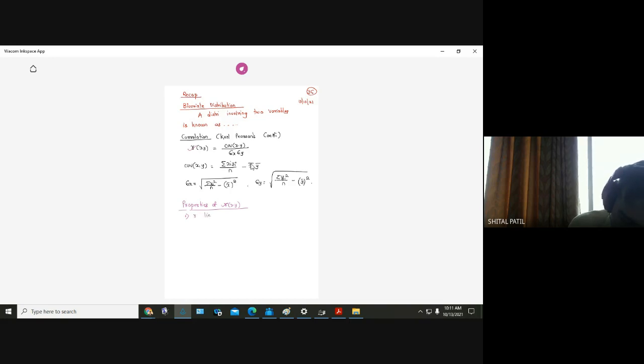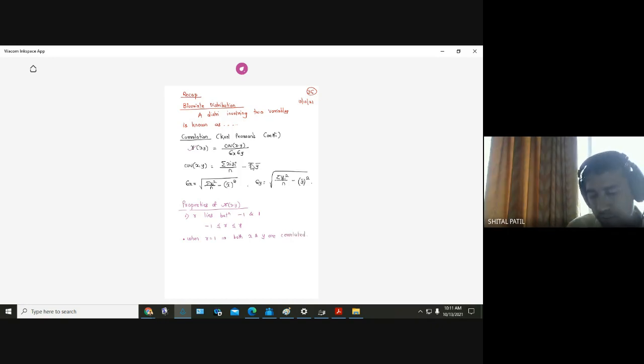r lies between minus 1 and plus 1. If r equals 1, both x and y are correlated.